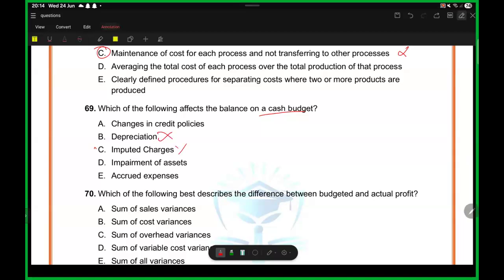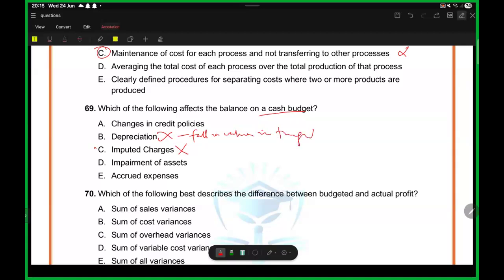Imputed charges are like charges that we have incurred but not yet recorded. Impairment is when we have a fall in value in a tangible asset like a motor vehicle, we call it depreciation.